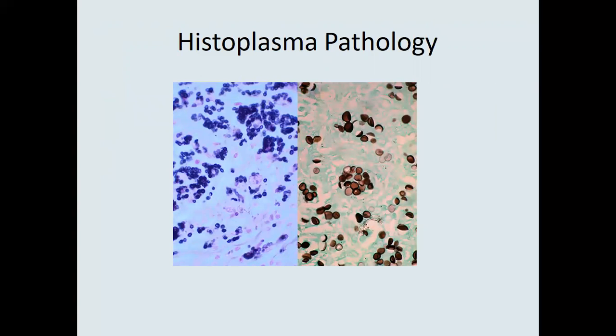So a granuloma is where you have macrophages that cluster together. T cells will come in to try and help, and they'll kind of try to wall off these organisms and keep them from getting out and being able to spread through the bloodstream.